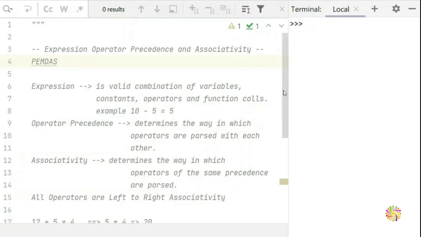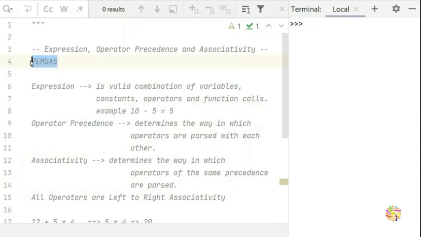Okay, so in this video we're going to see expressions, and then we're going to see operator precedence and associativity. If you know mathematics, there's PEMDAS. The first one is parentheses, then E is exponent, M is multiplication, D is division, and then addition and subtraction.